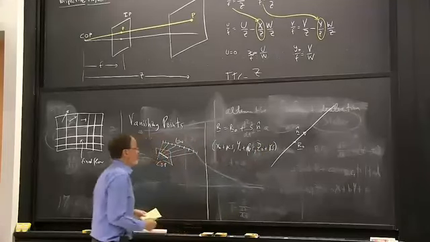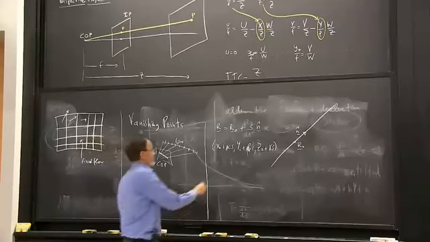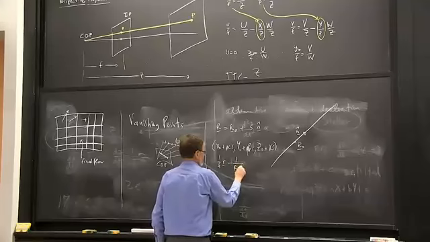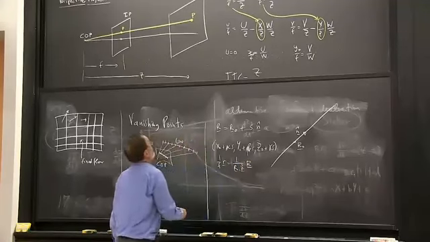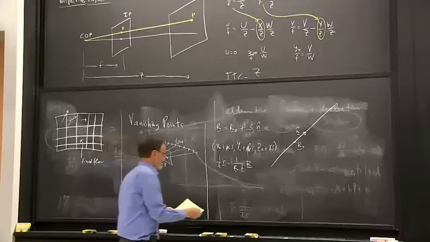Okay, so then we're going to now project that into the image using perspective projection. And we can, of course, use the component form that we used up there, or we can use the vector form.